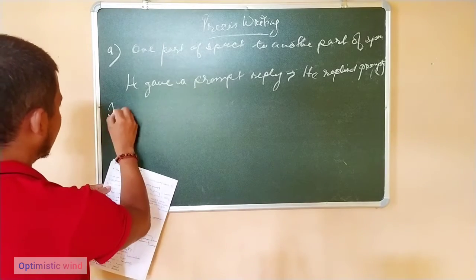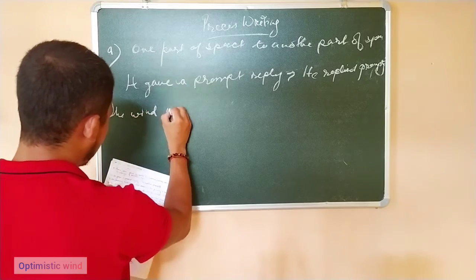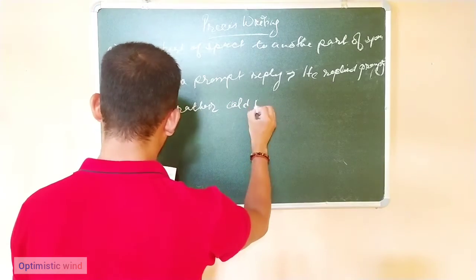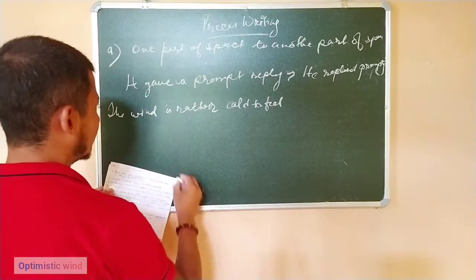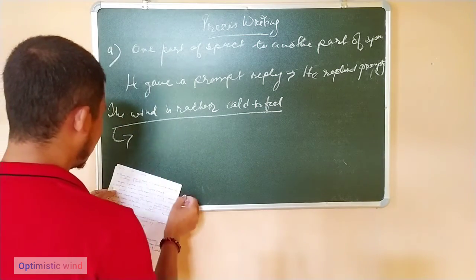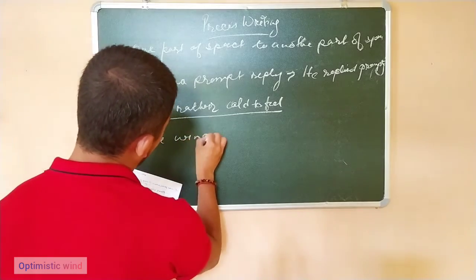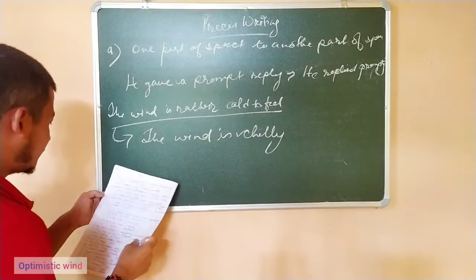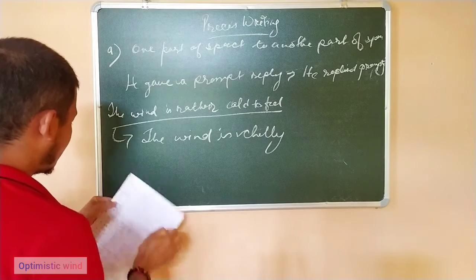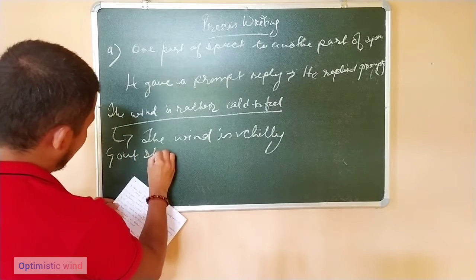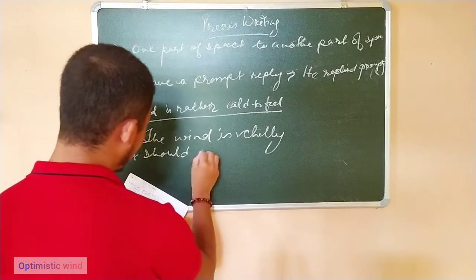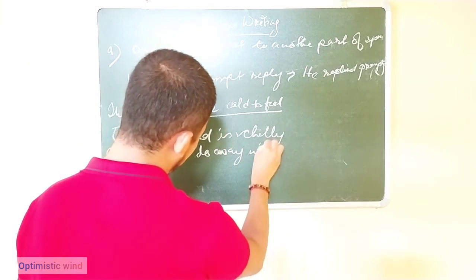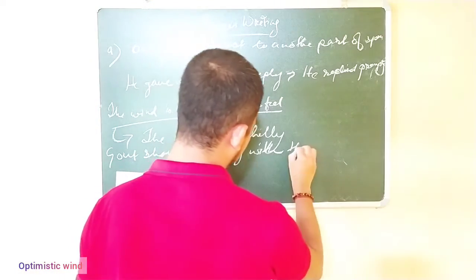Another example, "The wind is rather cold to feel." If we convert the part of speech, it can be written as "The wind is chilly." So simple. And one more thing, "Government should do away with this system."